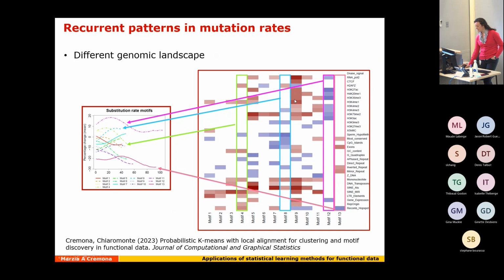Basically, red means that this particular omic data is highly enriched in these particular motifs. Blue means lower than expected. White means no significant difference. I don't want to go into the details, just saying that each motif has a specific genomic landscape.